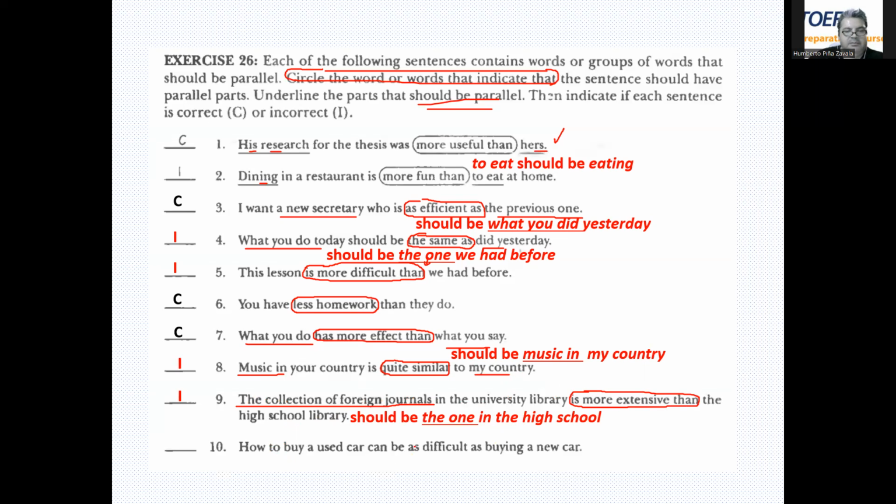How to buy a used car can be as difficult as buying a new car. So to buy a used car can be as difficult as buying a new car. Again, it should be parallel, so it should be the same structure on both sides of the comparison. So it should be buying a used car can be as difficult as buying a new car. Right?